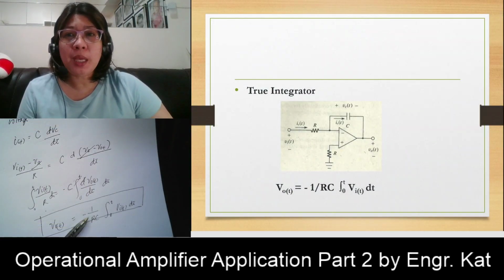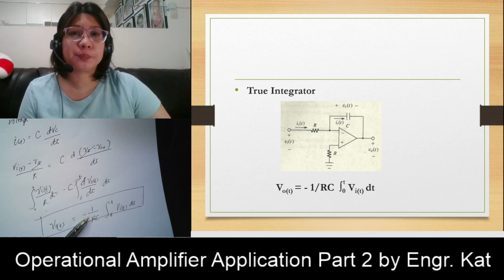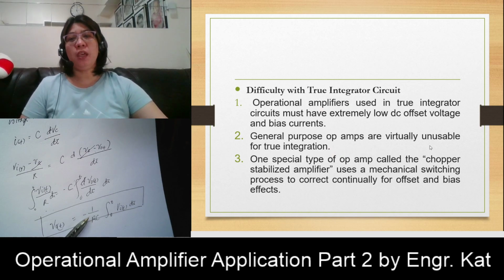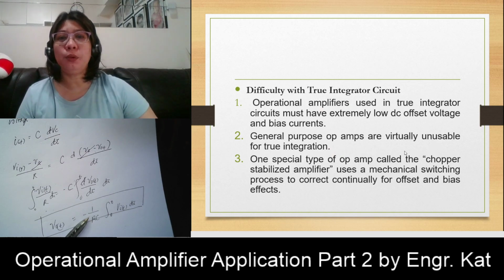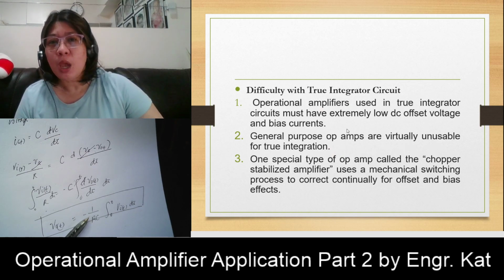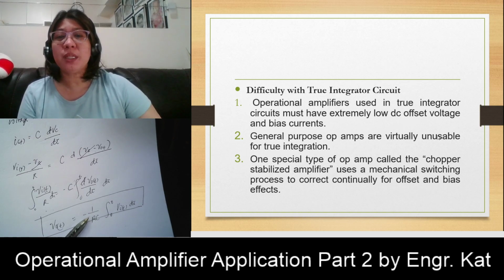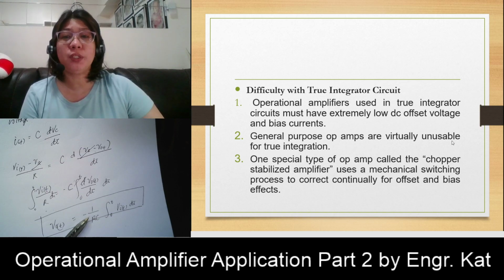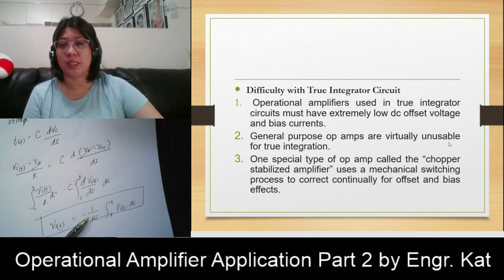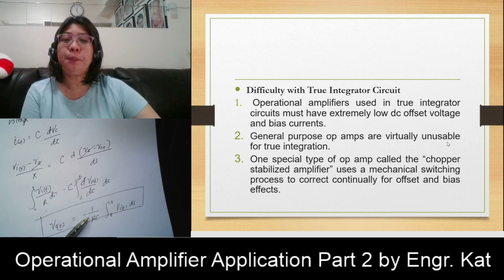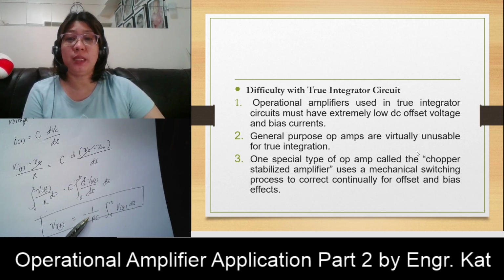What do we mean by true integrator? What's the problem with a true integrator circuit? We have here difficulties with the true integrator circuit. Number one, operational amplifiers used in true integrator circuits must have extremely low DC offset voltage and bias currents. However, general purpose op amps are virtually unusable for true integration.